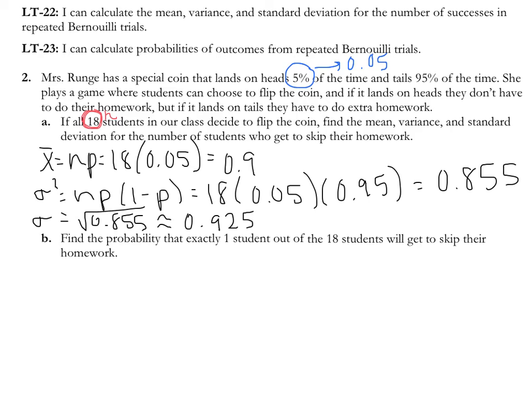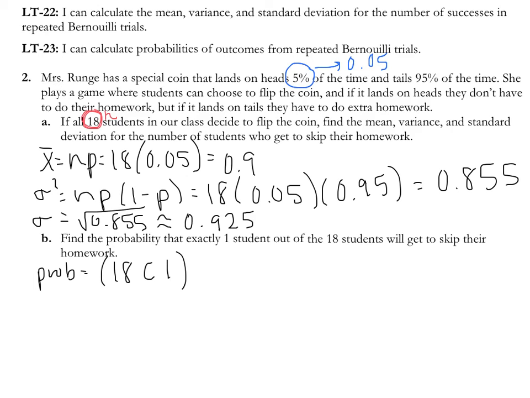So now let's do letter B. Letter B says to find the probability that exactly one student out of the 18 students will get to skip their homework. So our probability will be given by 18 choose 1.